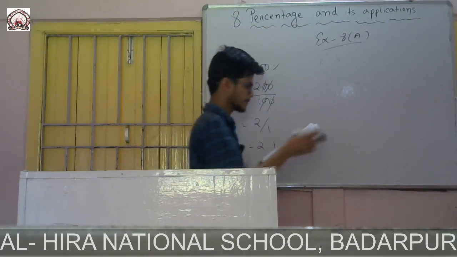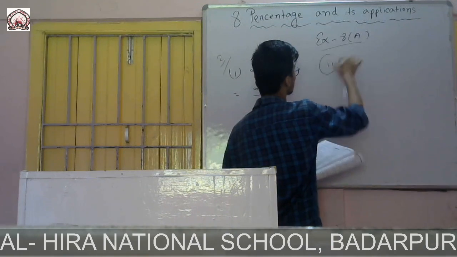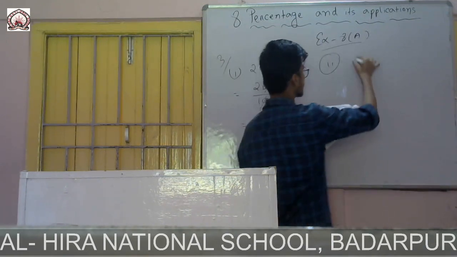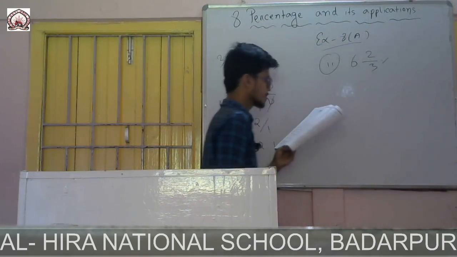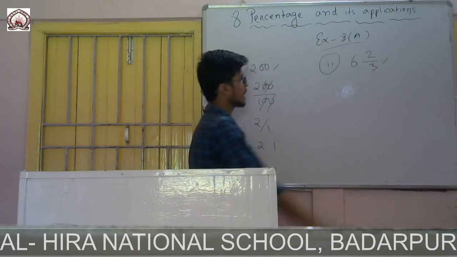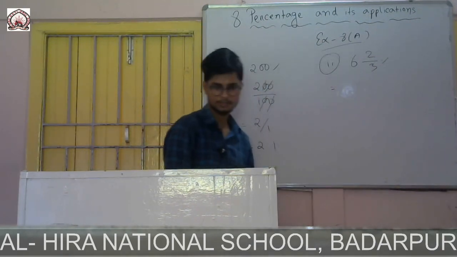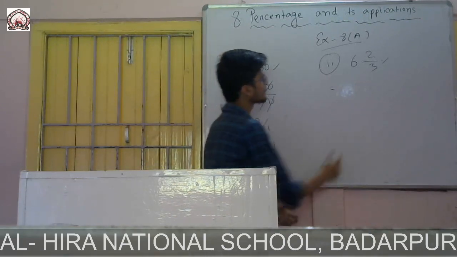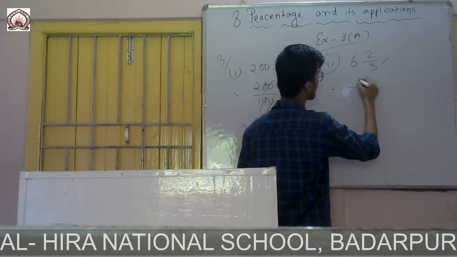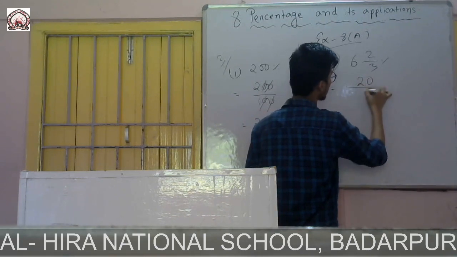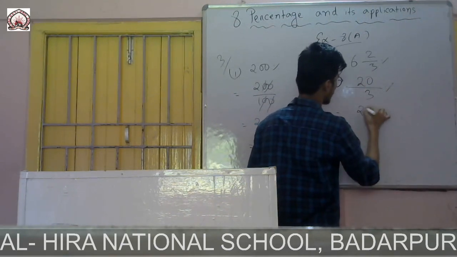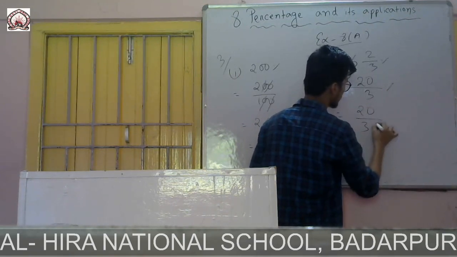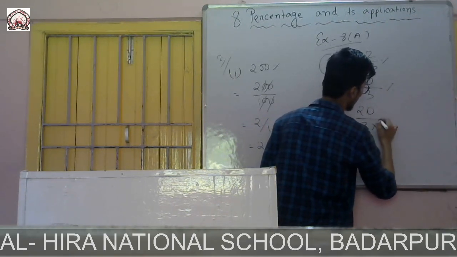Okay, now let me do Roman number 2. It is given 6 2 by 3%. First of all, I will convert it into an improper fraction. So it will be 6 3s are 18, 19, 20. So 20 by 3, and the percentage sign. So simply I will divide it by 100.